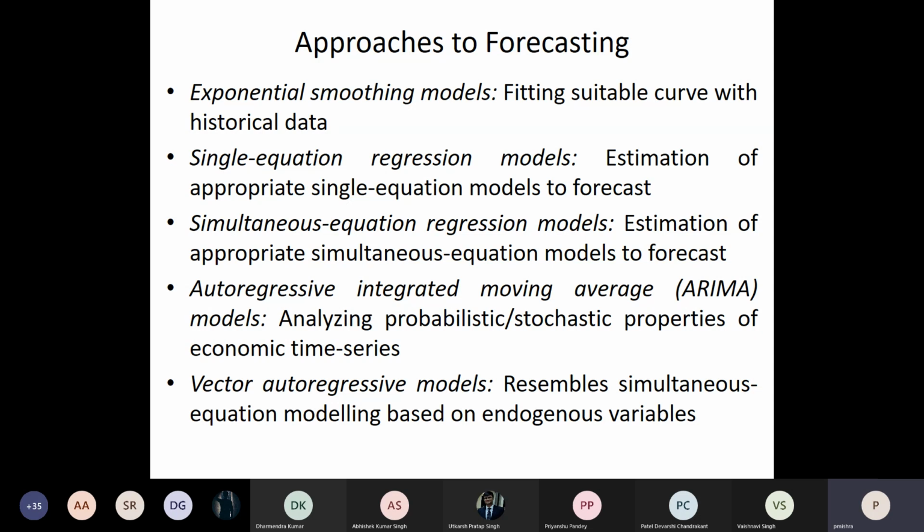So saving is very, very important for macroeconomic policies as well. So we may estimate the relationship between, say, saving as the dependent variable, and we may have independent variable like income, rate of interest, etc.